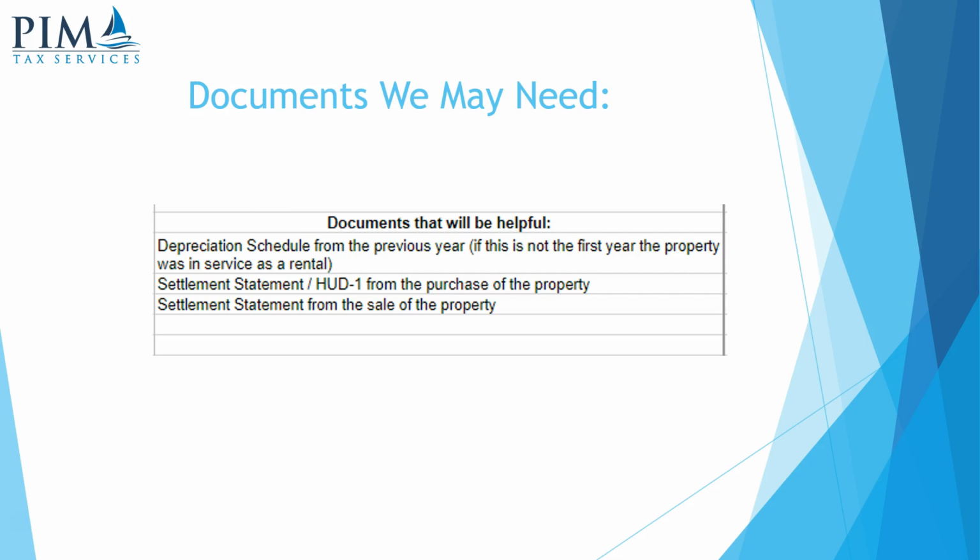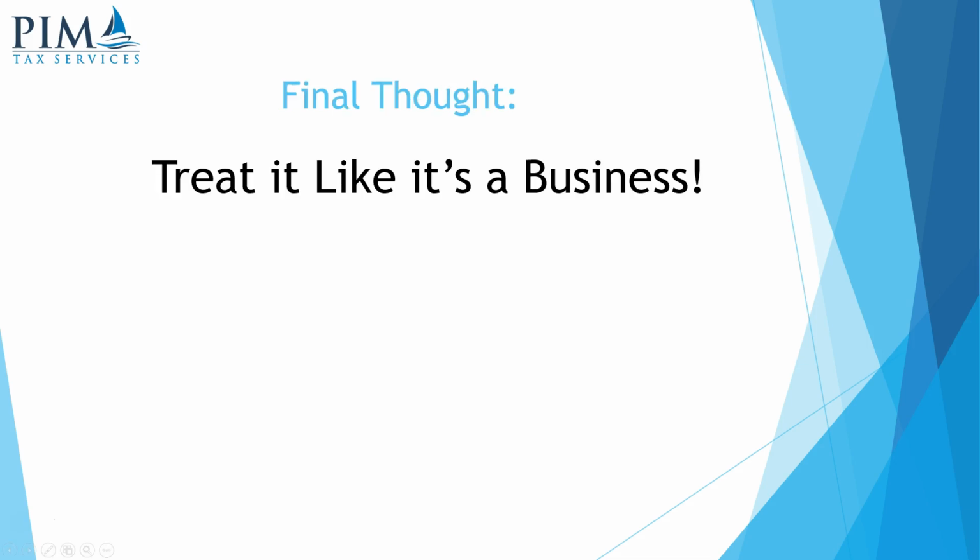It's basically the same form after Dodd-Frank changed the name of the form from HUD-1 to settlement statement. And now if you sell the property, you'll also get a settlement statement as the seller. And those two forms can be useful in determining some additional tax deductions for you and also in determining the basis in the property and any capital gain you might have from the sale. So I'd like to see those if I can.